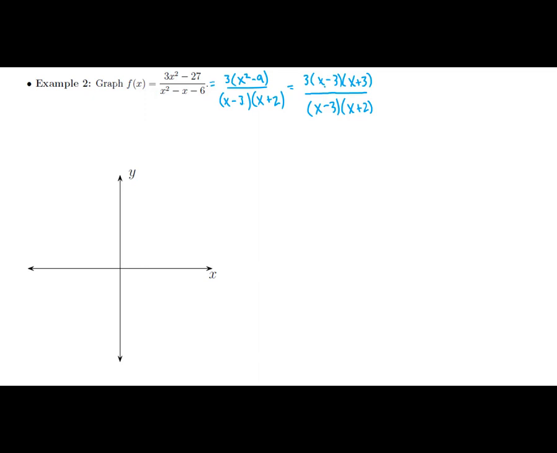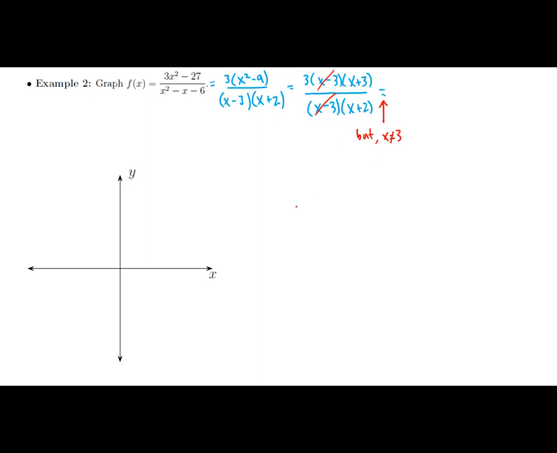Now, of course, algebraically, we see we have two identical factors on top and bottom, so they can essentially cancel. But we got to be a little bit careful about that. So they cancel, but let's just, by this equal sign, make a little note. But x minus 3, or x still cannot equal 3.